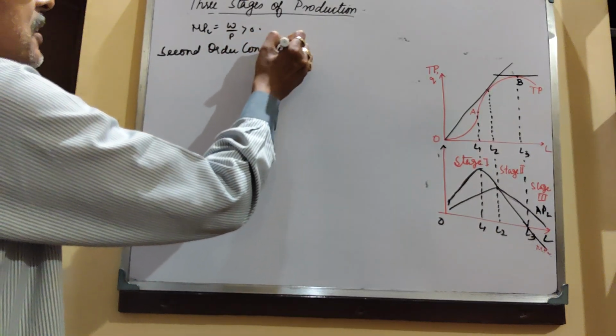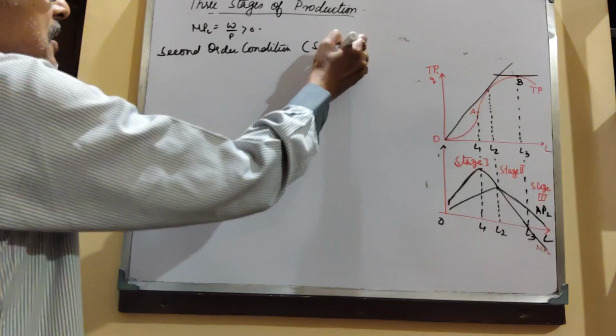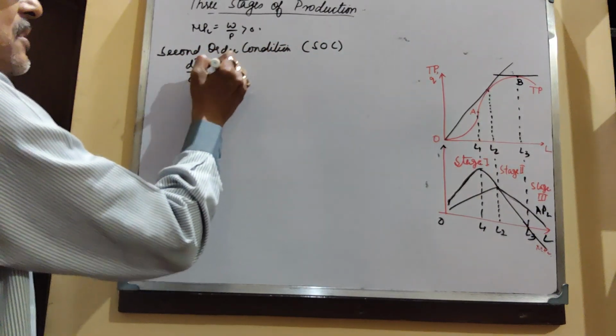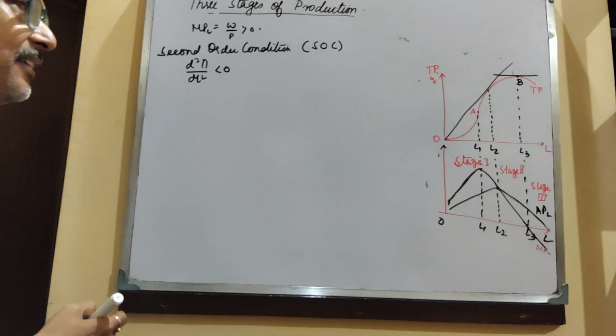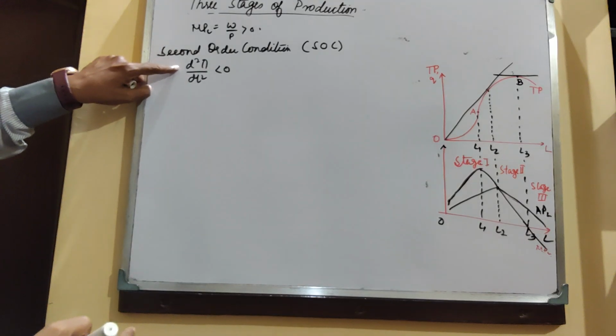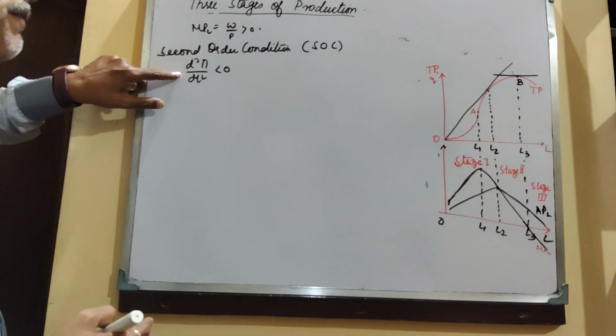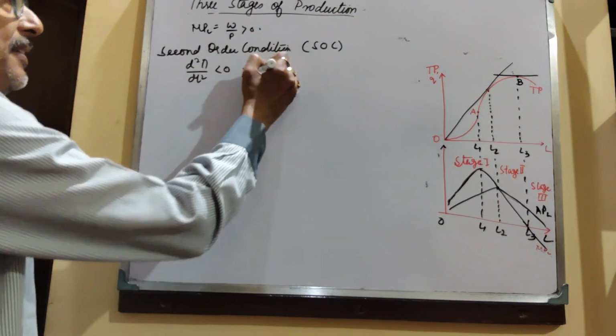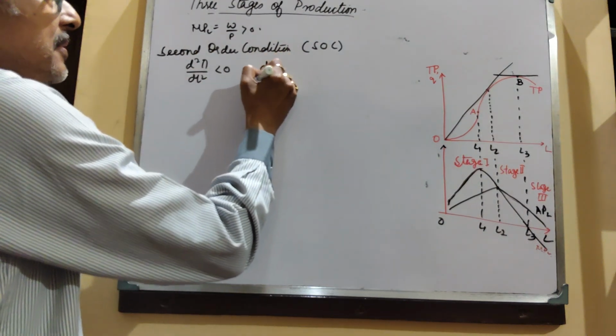What is the second order condition? SOC. The second order condition is d2 pi by dl square negative. It requires that the second order derivative of the objective function be less than 0. Now what is d2 pi by dl square?